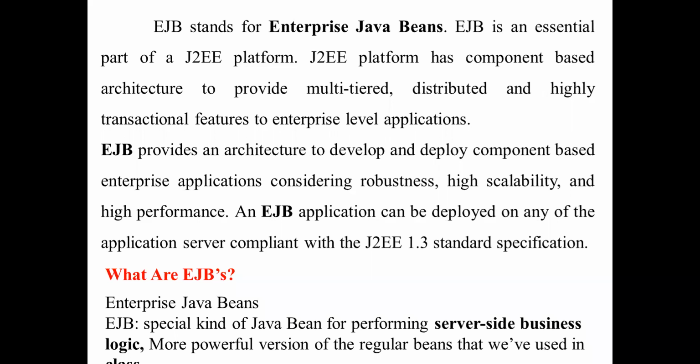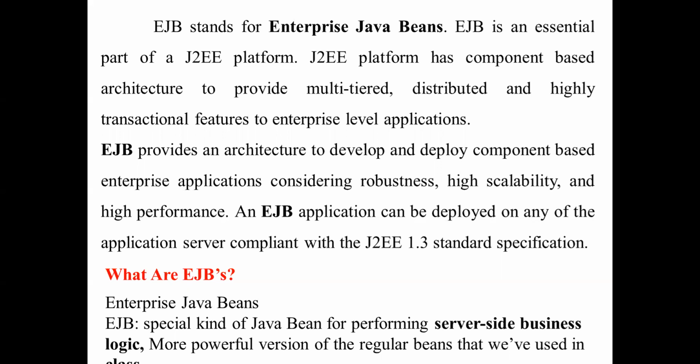When we are using EJB, it provides an architecture for software engineers to develop and deploy components. It should be based on the enterprise application, considering robustness, high scalability, and very high performance.